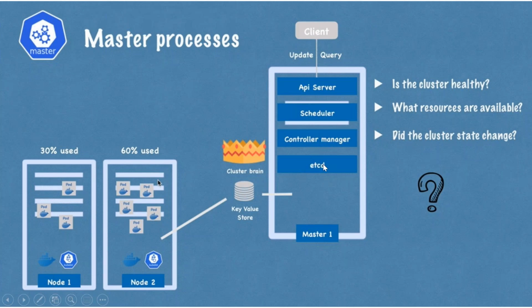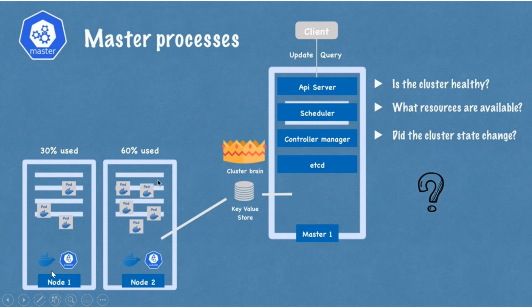Then you have something called etcd. So etcd is the brain of this cluster. So what are these pods doing? How much are they occupied? All the details are present with this etcd. So it's a key value store which contains the state of the cluster. You can think of it like a database. This is a database which says this guy is 60% occupied.